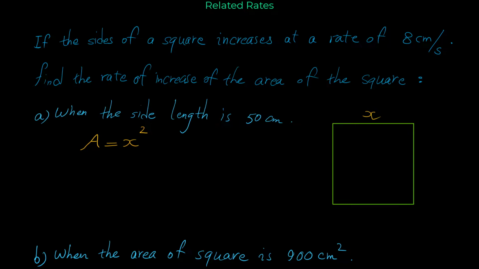Now we have a relation between the two variables in this question. The area is related to x by this equation. Now that we have the equation, simply like the previous questions, we have to differentiate both sides of this relation with respect to t.